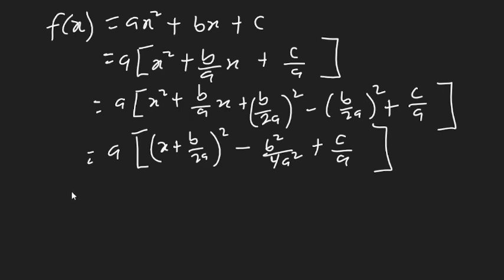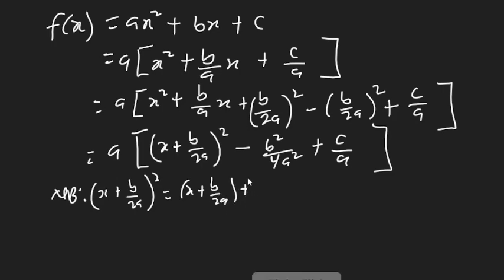Take note, x plus b on 2a all squared is given as x plus b on 2a multiplied by x plus b on 2a.